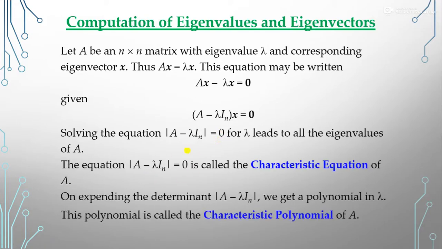When we expand this determinant, we get a polynomial in lambda, because lambda is a scalar quantity. So in lambda we get a polynomial that is called the characteristic polynomial of the matrix.